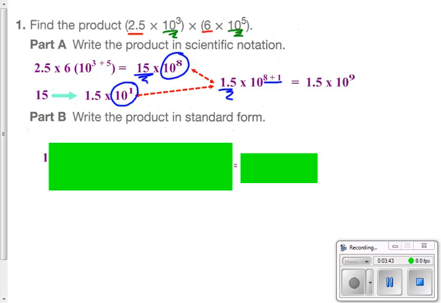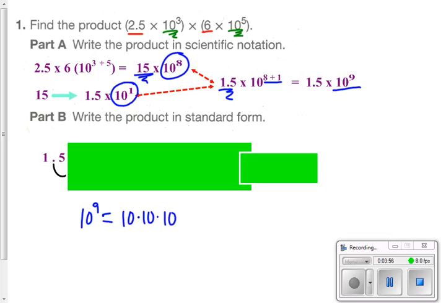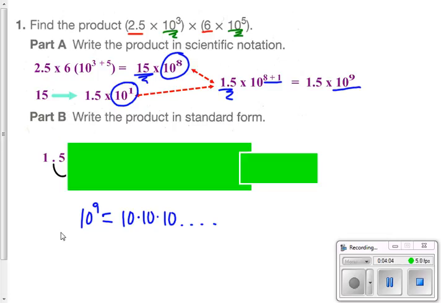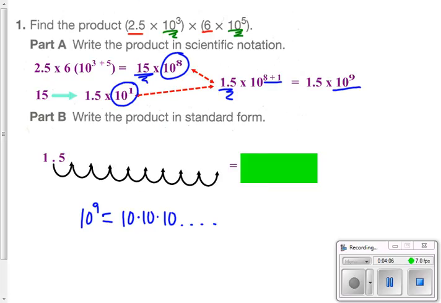So you start with 1.5, and 10 to the 9th power is really saying 10 times 10 times 10, 9 times. So you're going to get a larger answer. You move your decimal to the right to get a large number. I move it 9 times. After I move it 9 times, I come up with my answer in standard form, which would be 1,500,000,000.